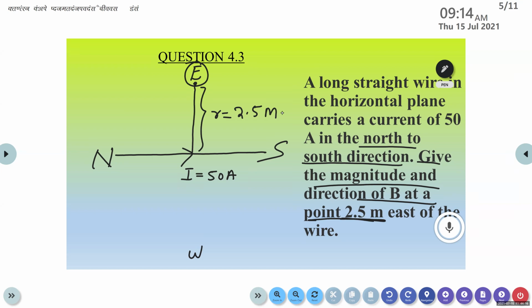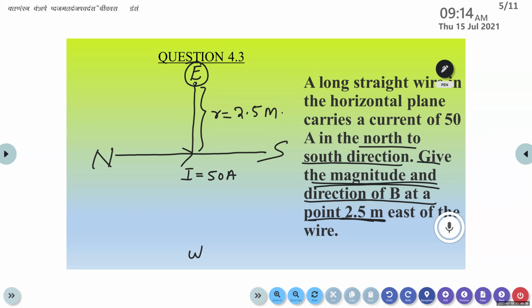Here we want to find not only the magnitude but also the direction of the magnetic field produced at this point E, east.